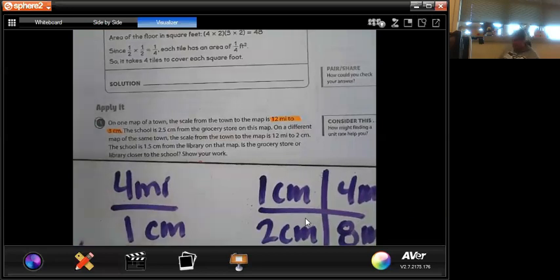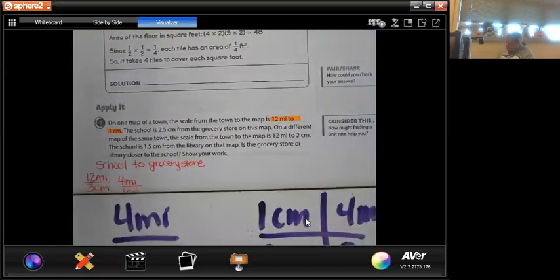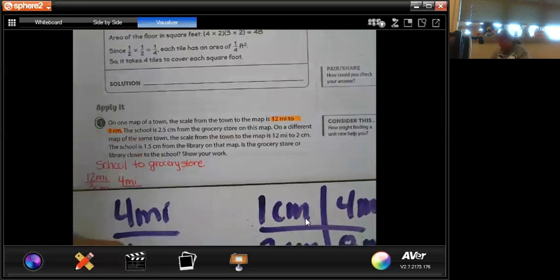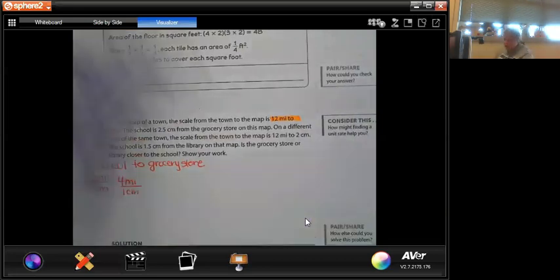So you could make a table, and you know that the distance on the map is 2.5, so it's in between these two. The number in between 8 and 12 is 10. So that's one way that you could do it.